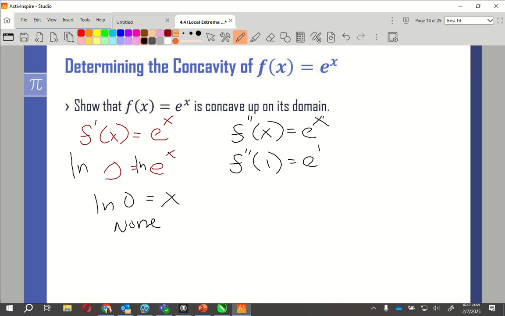What is e to the first power? It's like 2.7 something. Is that positive or negative? It's positive. So if it's positive, what's the concavity? Yeah, it's concave up.